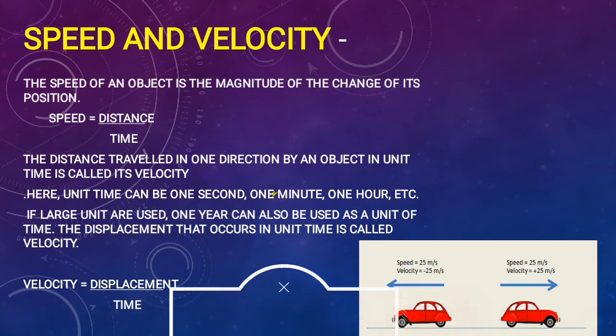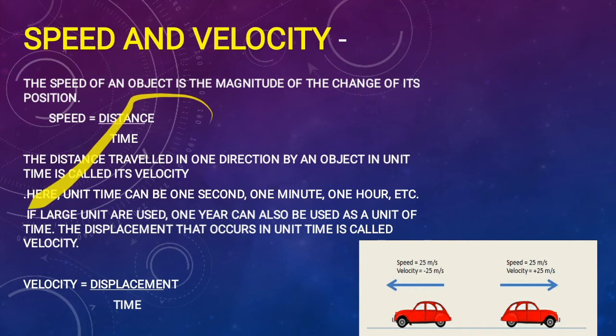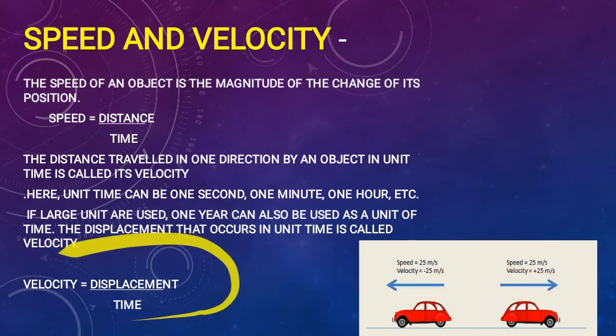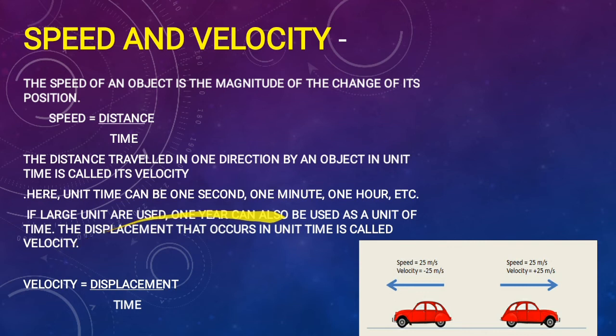No. When I'm not mentioning any direction, such a quantity is called speed. But if I mention that the car is traveling 25 meter per second towards the right, then such a quantity is called velocity. You got the difference: if I mention direction, it is velocity; if I don't, it is speed.